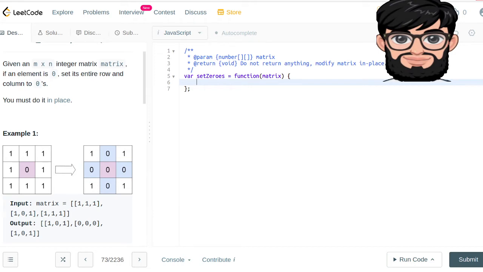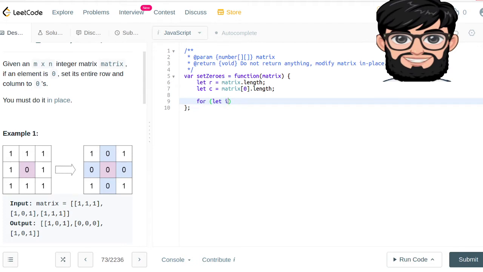So initially we're gonna say let r is equal to matrix dot length, and let c is equal to matrix first row dot length. Once we have that, we are gonna have two loops.